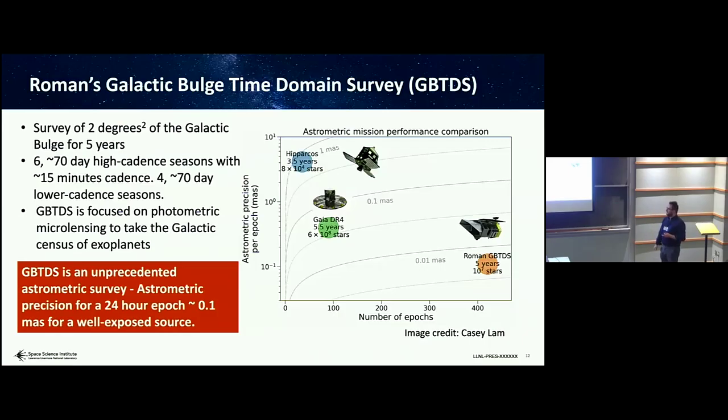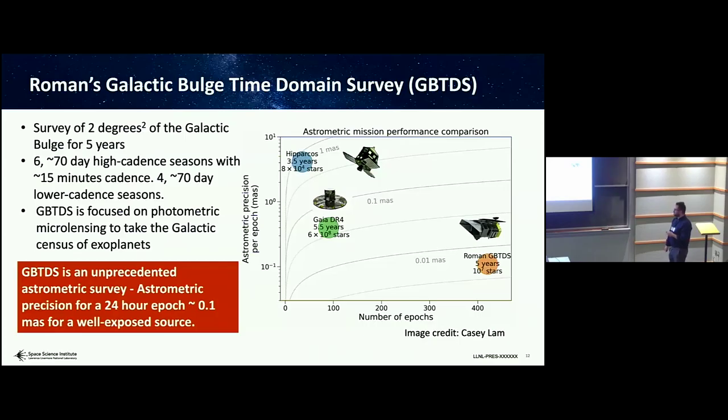If you compare it to Gaia, for example, Gaia's got a lot more stars, it's all sky, right? We're a lot more tiny. But if you look at the astrometric precision per epoch, if you stack Roman data over a 24-hour period, we expect no real astrometric changes, and then you compare that to one of Gaia's observability periods for a source that's well exposed, Roman's actually right down here in this novel place, right?